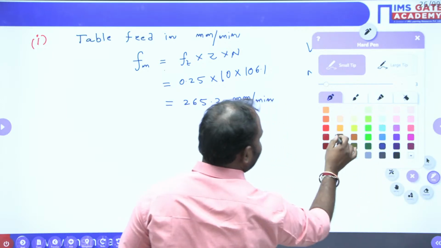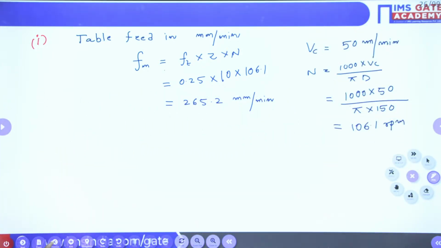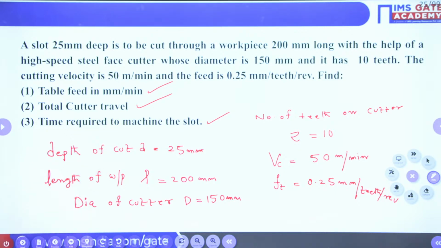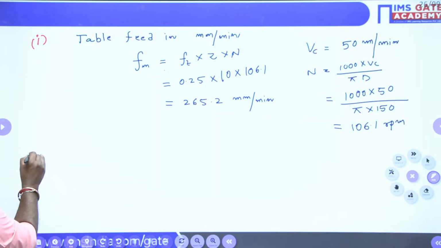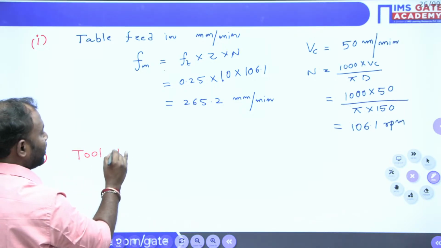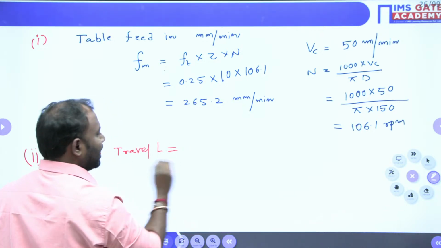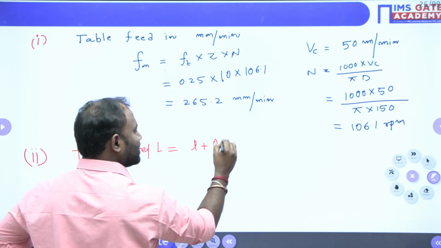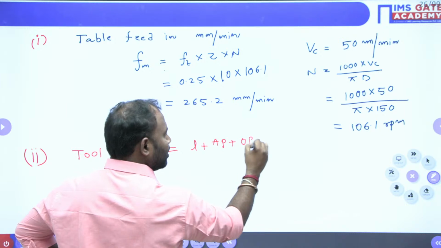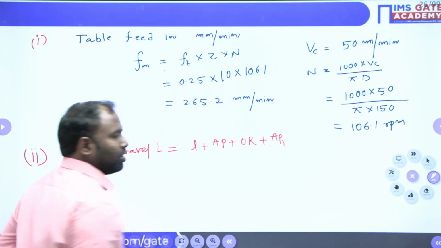Right, now have a look at this. We have found the first one. Next, what we have to find? Total tool travel. Tool travel is equal to L, the length of the job, plus approach plus overrun plus compulsory approach AP1.